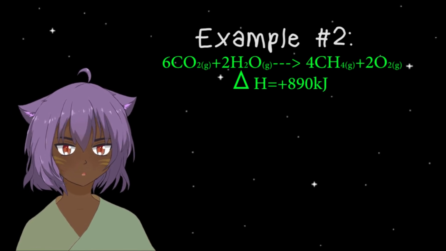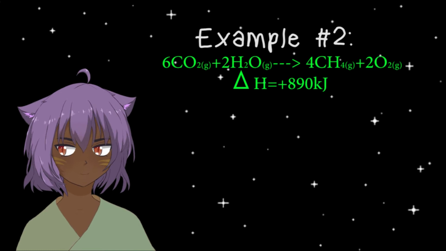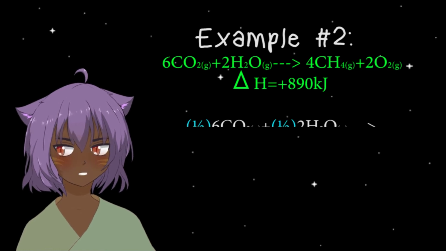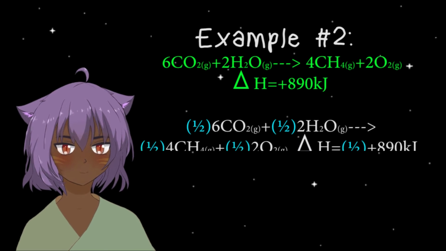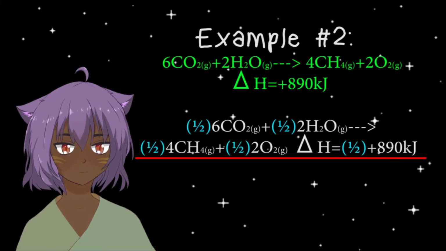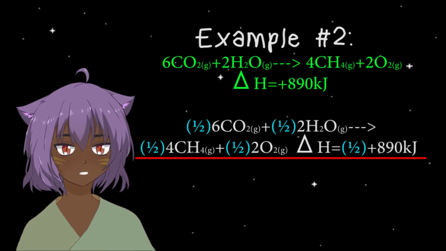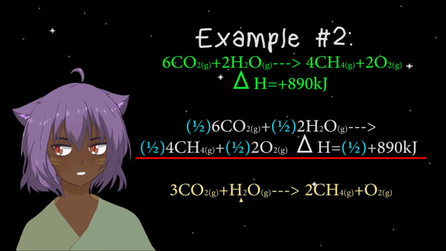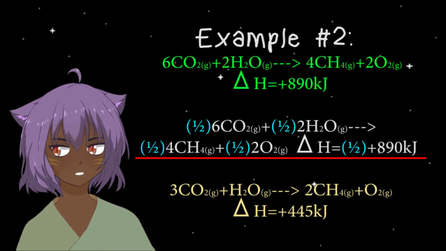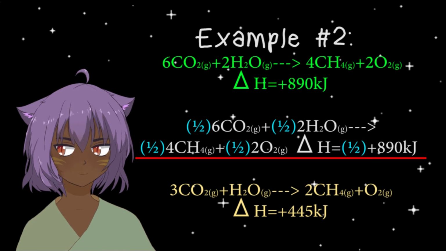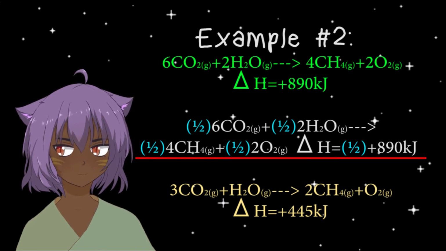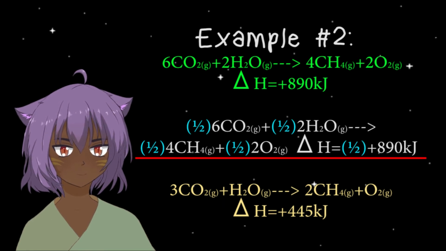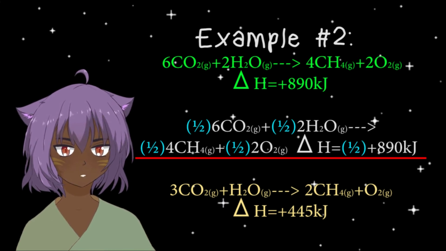As you can see, in example number 2, the equation is multiplied by 1/2, so the enthalpy must also be multiplied by 1/2. The final answer will be 3CO2 gas plus H2O gas yields 2CH4 gas plus O2 gas with an enthalpy of positive 445 kilojoules.